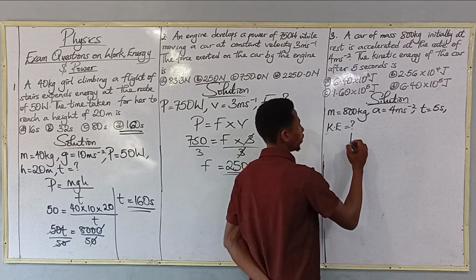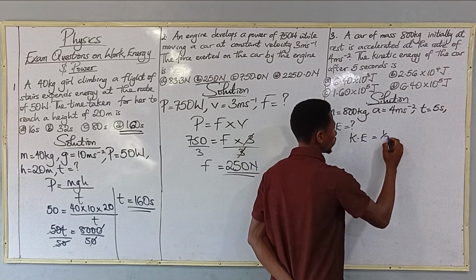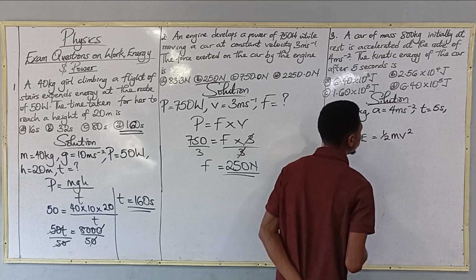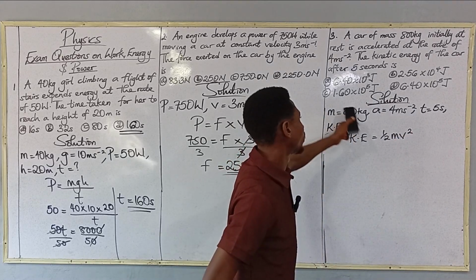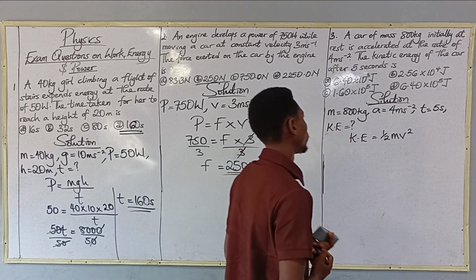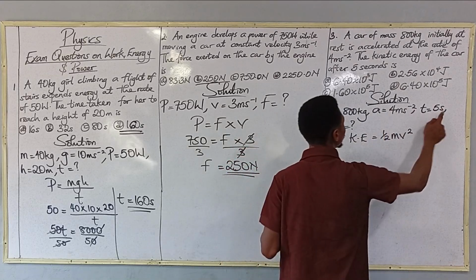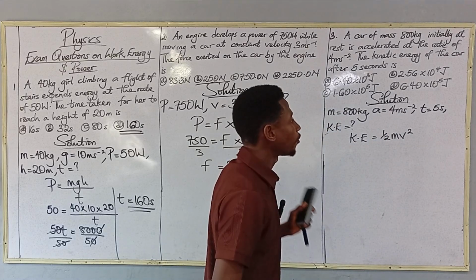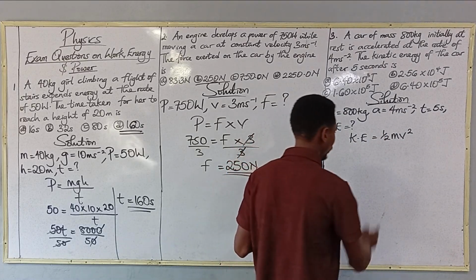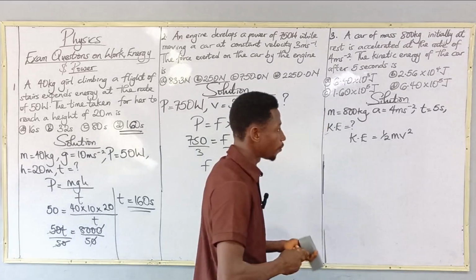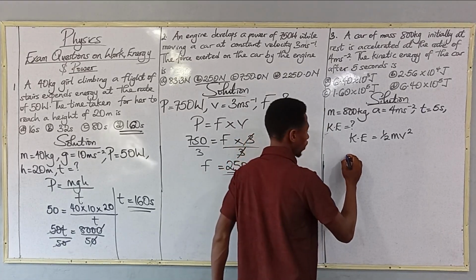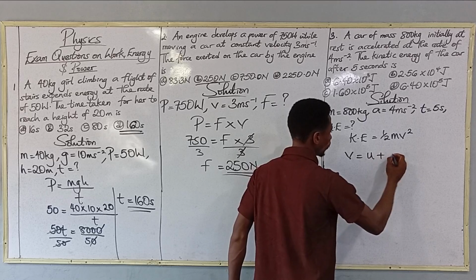We know the formula for kinetic energy is half mv squared. We have the mass, but we don't know the velocity of the body. But we're given acceleration and time. So here we have to make use of our knowledge of the equations of motion. The first equation of motion states that v is equal to u plus at.